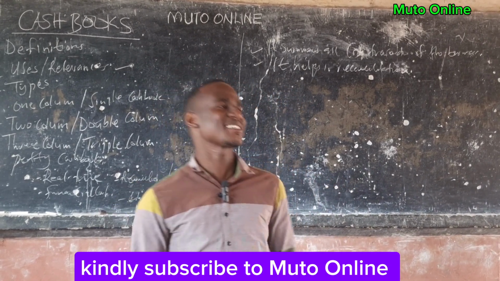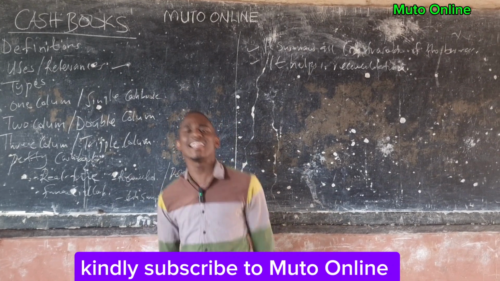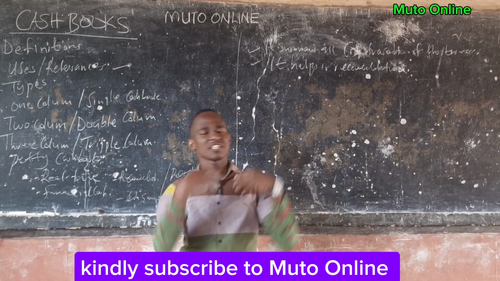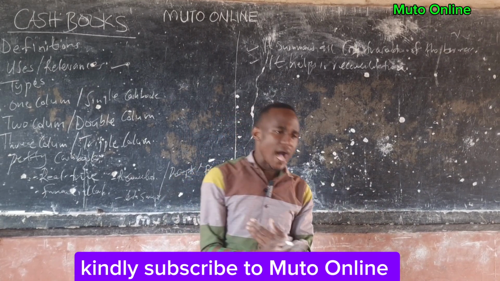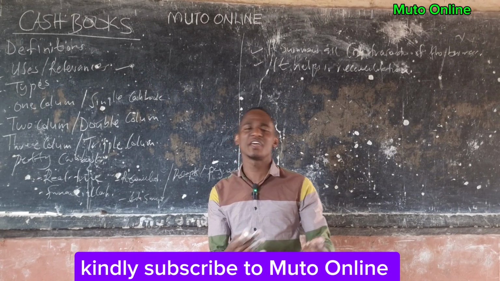If you hear a transaction is made by check, it means by bank. The last is that a transaction can be made on a credit basis.